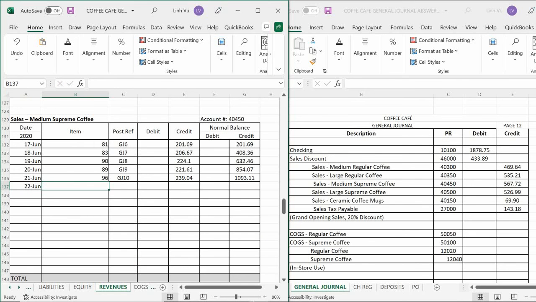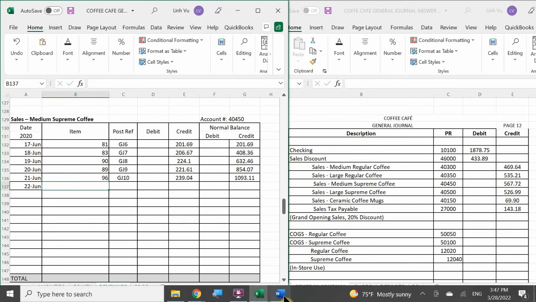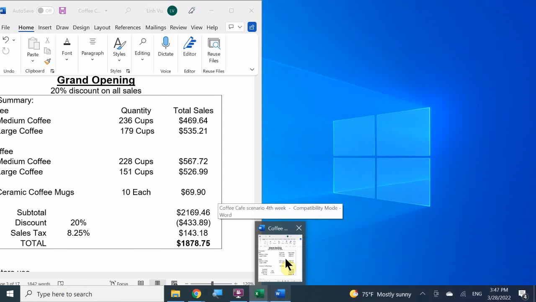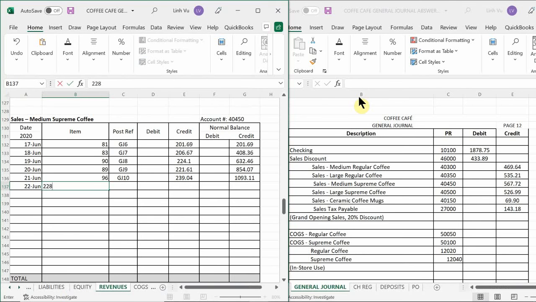What about the medium supreme coffees? 228 cups.